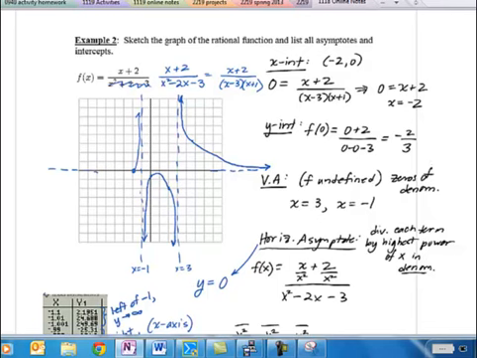On the left side here, this x-intercept, there was just one factor. So we want to think about the multiplicity the same way we did with polynomials. It's multiplicity 1, so the graph crosses the x-axis rather than turning around.